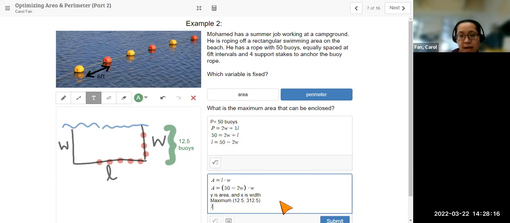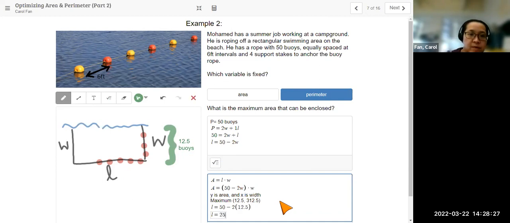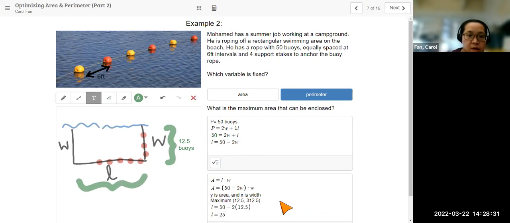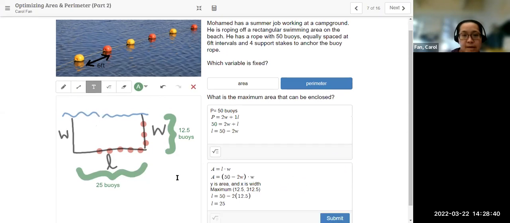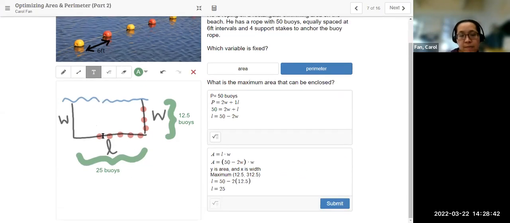If I want the length, I have 50 minus 2w, and my length here is 25. Okay, so the area, I can use this unit.